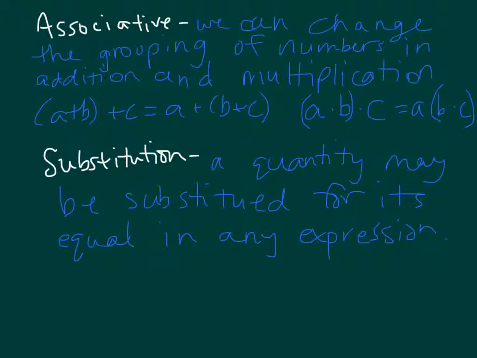So that could be something as simple as 4 plus 5 and rewriting it as 9. I'm substituting something that's equal to it. Or if I say A equals 6, and then I say A plus 8, and I write in 6 plus 8. And 14, this is substitution, and this is substitution.